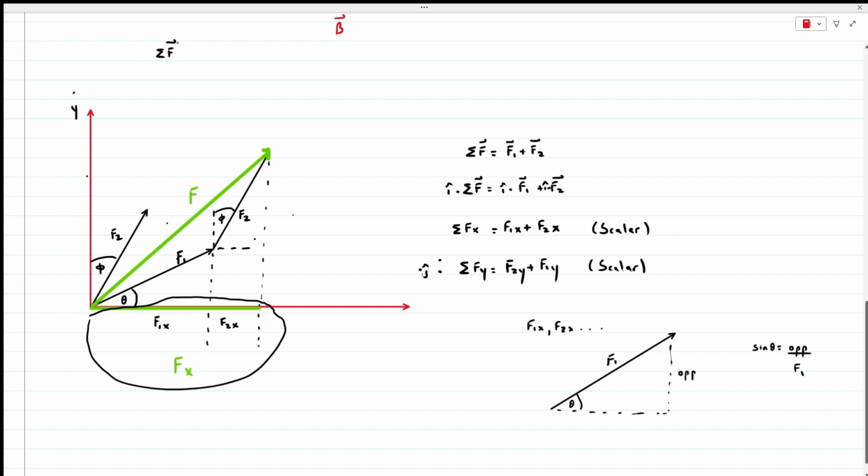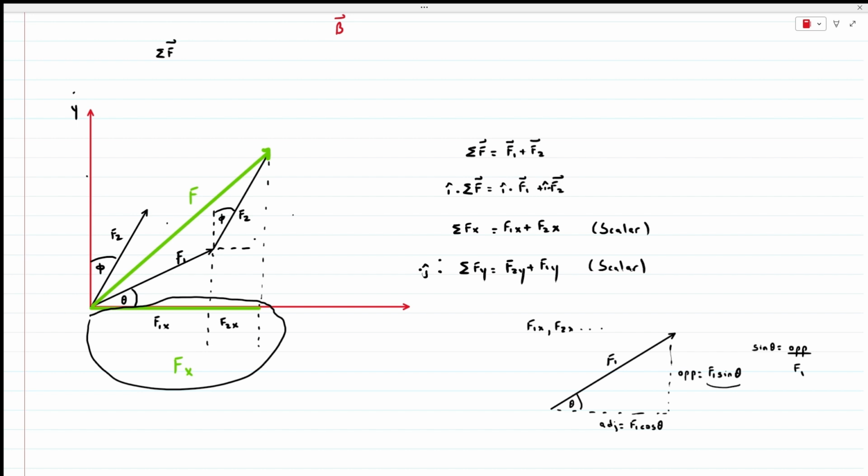So we know that this opposite side is going to be equal to F1 sine of theta. If we ever see an opposite side, we can just write the magnitude multiplied by sine of theta. What about the adjacent side? We can do the same thing. The adjacent side will just be equal to F1 cosine of theta.